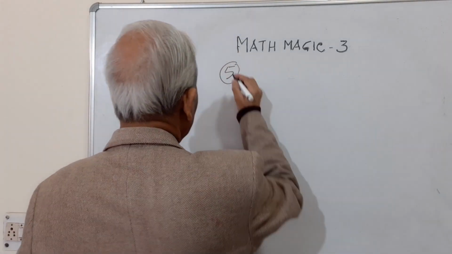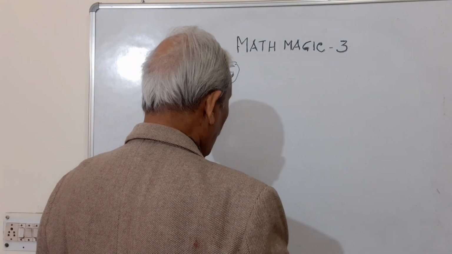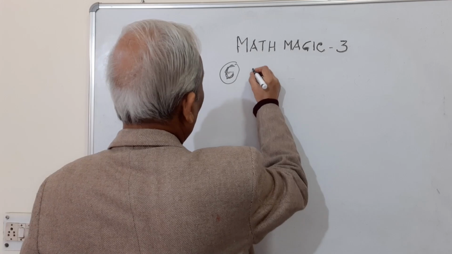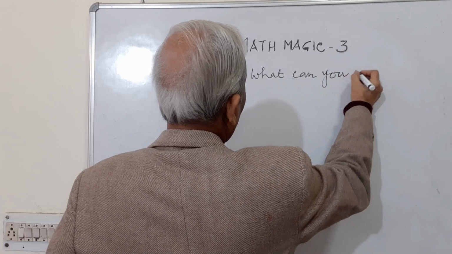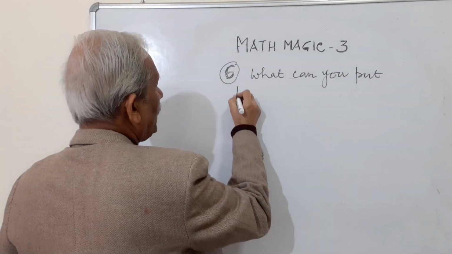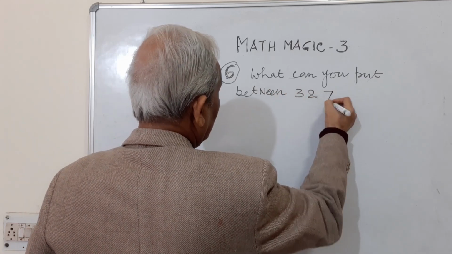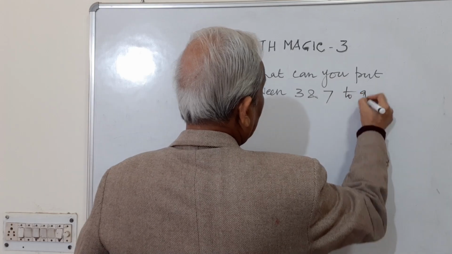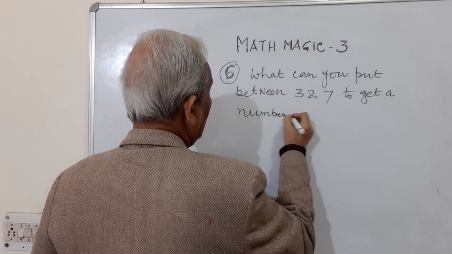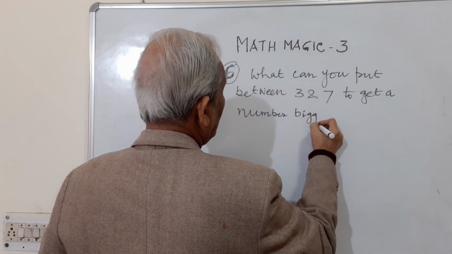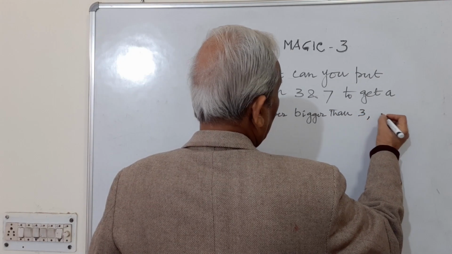Next interesting fact. Sixth. What can you put between 3 and 7 to get a number bigger than 3 and lesser than 7?